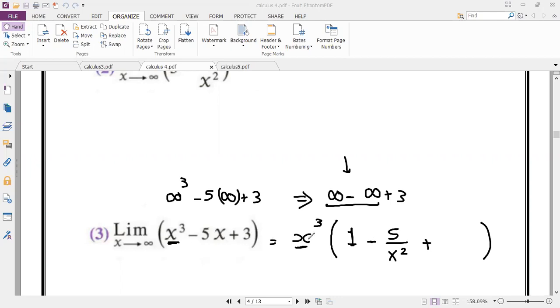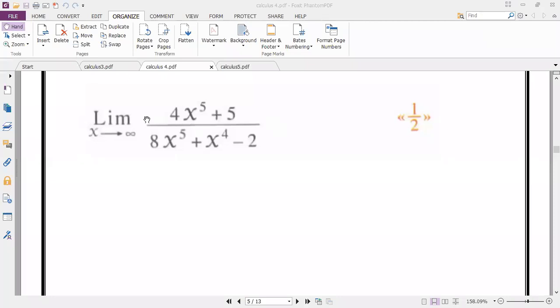And here 3 divided by x cubed will be 3 over x cubed. Now we can find the value of this limit because 5 over x squared equals 0. And this one equals 0. And x to the power of 3, it's infinity to the power of 3, which is infinity. So infinity multiplied by 1 is going to be equal to infinity.